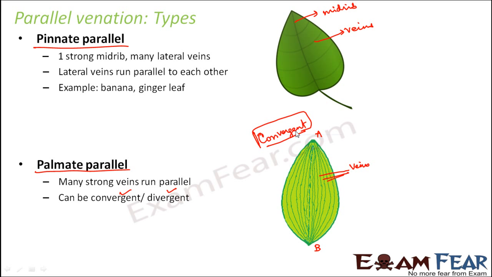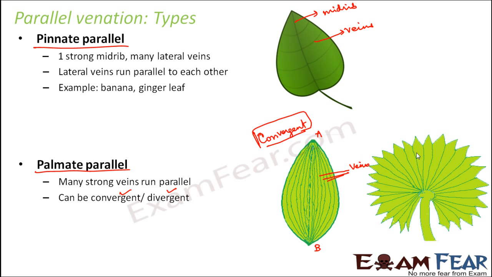Now when I talk about divergent, it means that the strong veins arise from the tip of the petiole and diverge towards the margin in more or less parallel manner. So here you can see from the base of the petiole it arises like this and then it diverges towards the margin. However, they try to be more or less parallel to each other.